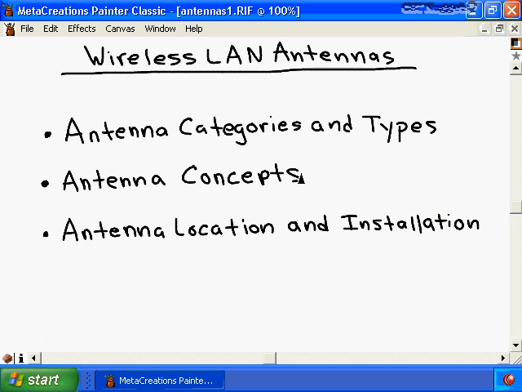And we also learned about concepts such as beam width. We learned about the azimuth beam width being on the horizontal plane and the elevation beam width on the vertical plane. And we learned about path loss and the 6 decibel rule. And throughout this video we learned the best practices for the location and installation of wireless antennas.